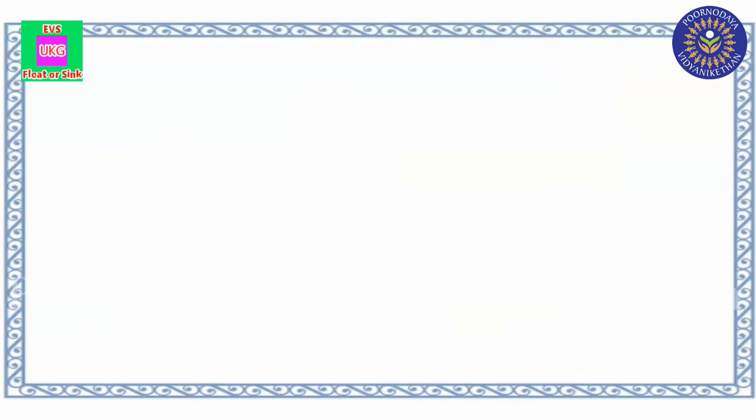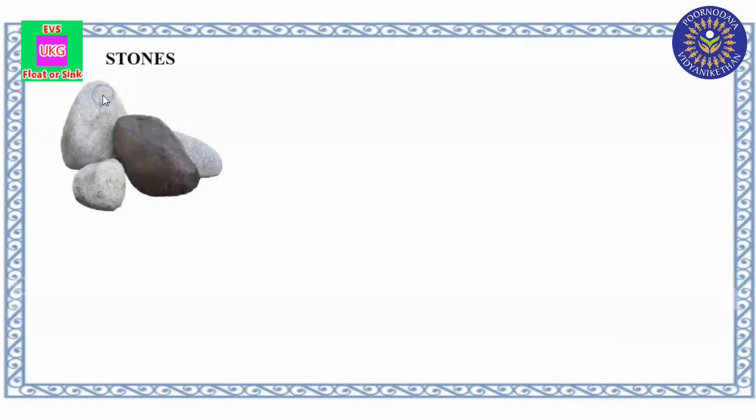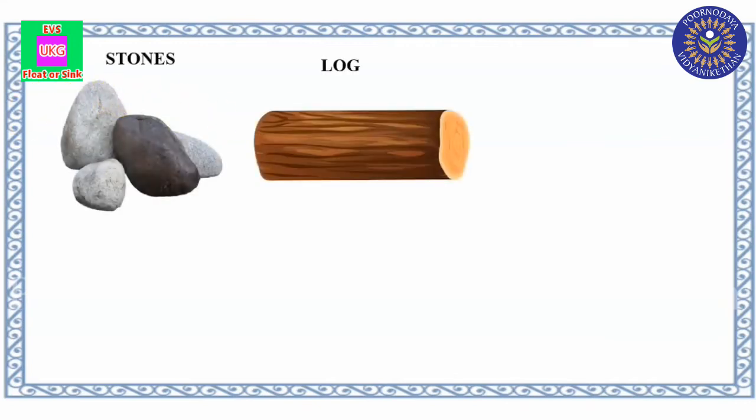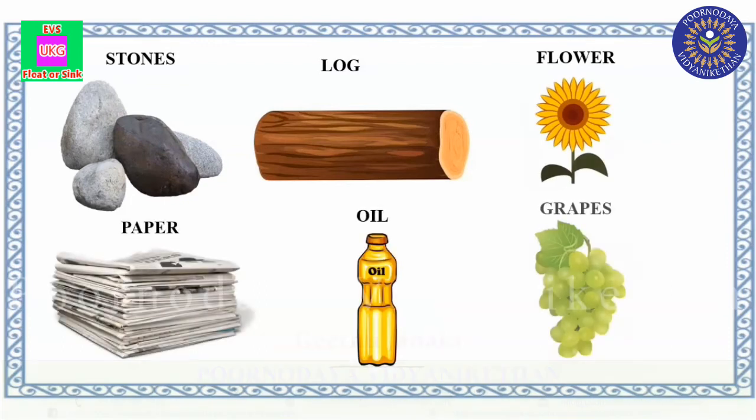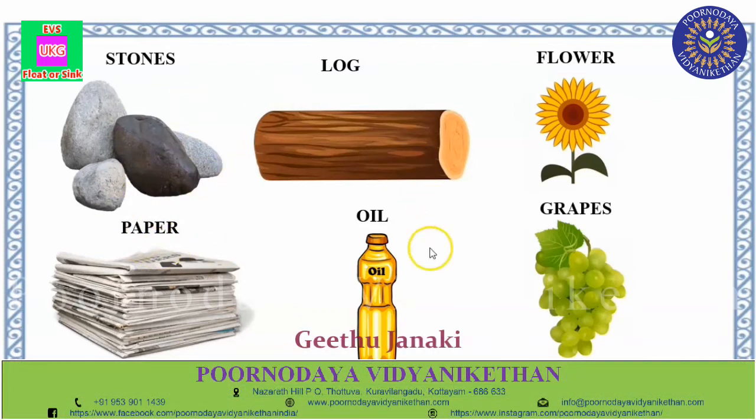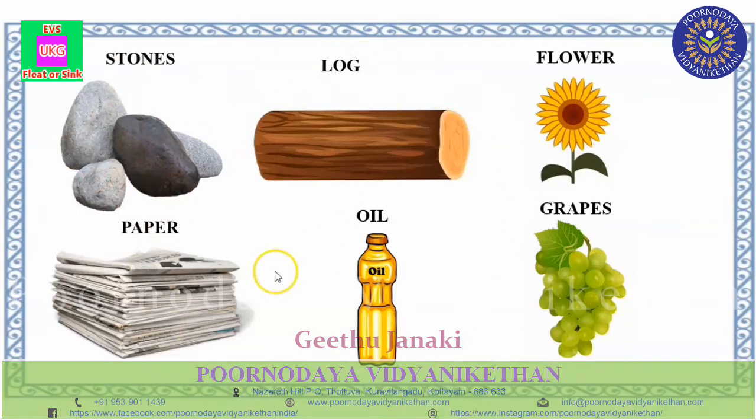Next we can see the things that do not mix in water. Stones, log, flour, paper, oil, grapes. All these are the things that do not mix in water.